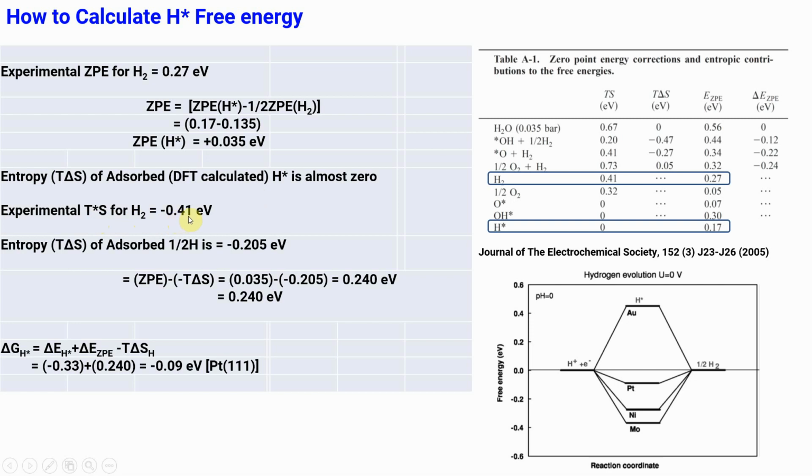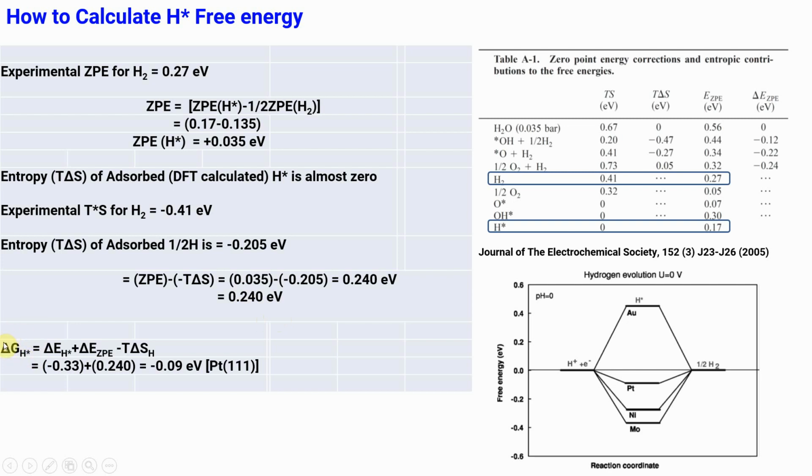The experimental entropy of H2 is 0.41. So we have to take half of the value. For that, the entropy of the adsorbed hydrogen atom is minus 0.205. If you subtract with this value and this value, you will get 0.240.